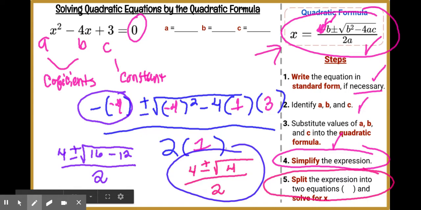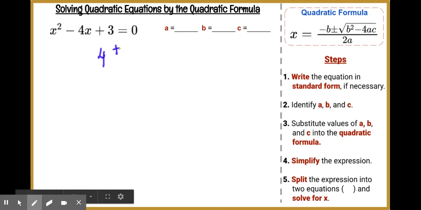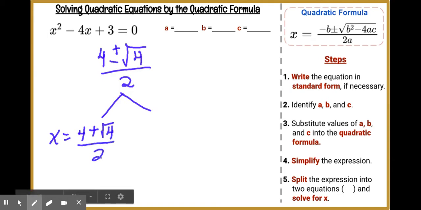4 plus or minus square root over 2, okay. Here we go. 4 plus or minus square root over 2. I'm going to split this into two equations to solve for x. X equals 4 plus the square root of 4 over 2.